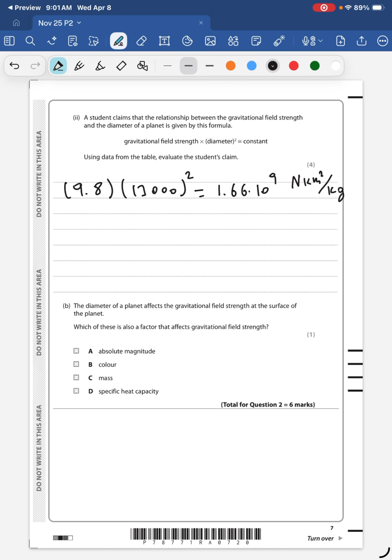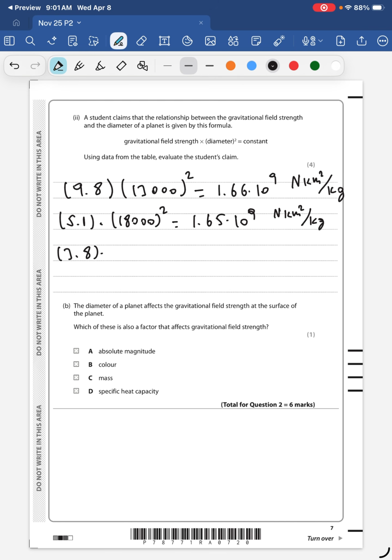For the second planet, we have 5.1 times 18,000 squared, equal to 1.65 times 10 to the 9 newtons kilometers squared over kilograms. So this is a good sign. It's very similar, very close.